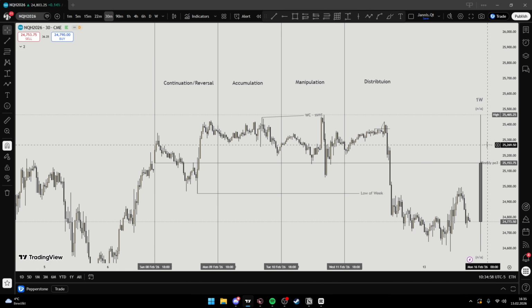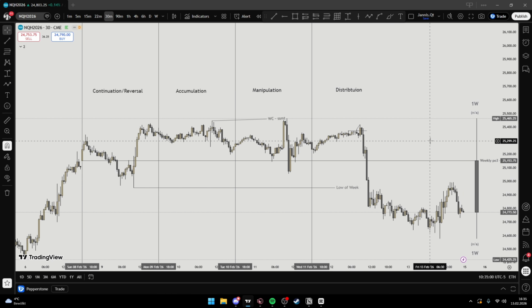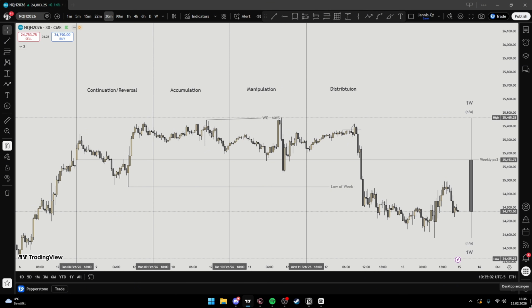So I hope you have an insight into how you can align the daily power of three with the weekly power of three, so you can expect the manipulation of some days to be bigger than other days, and you can expect the distribution from some days to be bigger than the distribution from other days. I really hope you understand that, because it's really important.